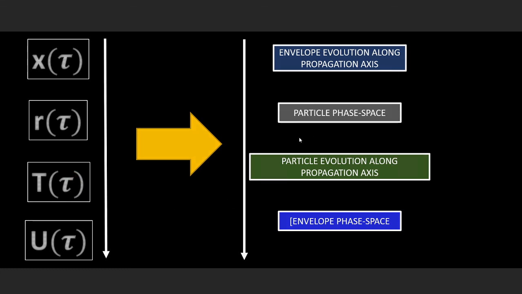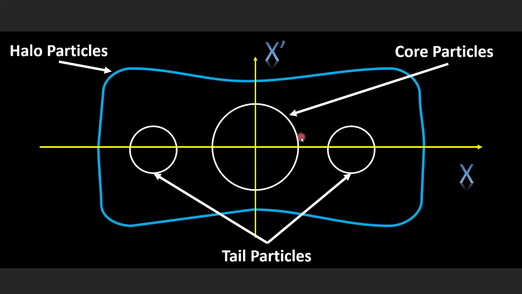Before I go ahead, let me give you a brief introduction to the different regions of the Poincare plot that we can use in order to analyze the dynamics of the envelope and particles. We have divided this schematic plot into three major regions. The first region is the central part, which denotes the contribution from the core particles.